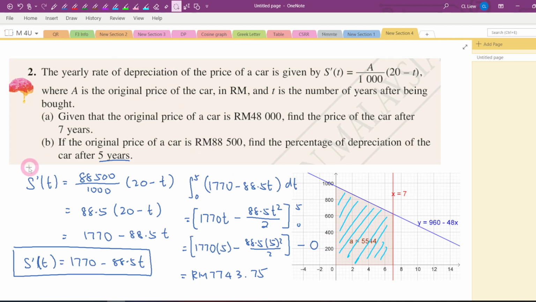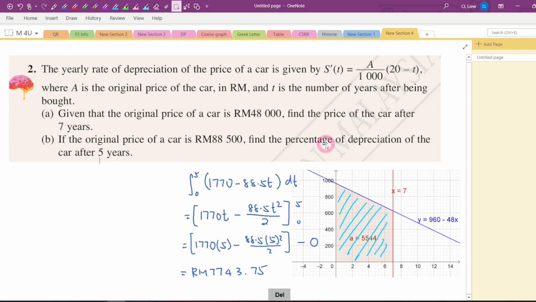But this is not our final answer yet, because the question is asking about the percentage of depreciation. So the total amount reduced is this one, and this is the original price.